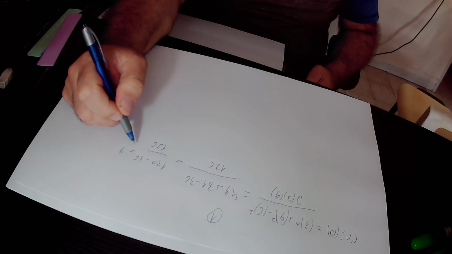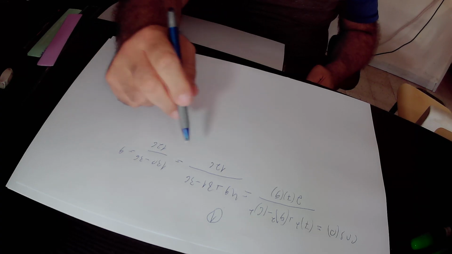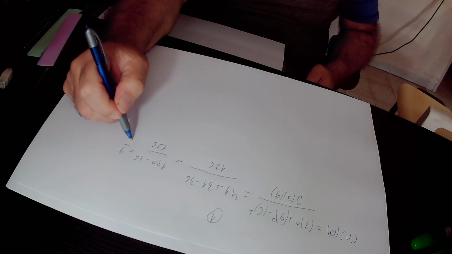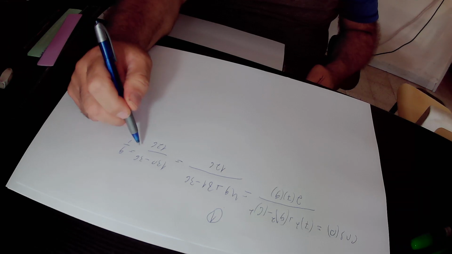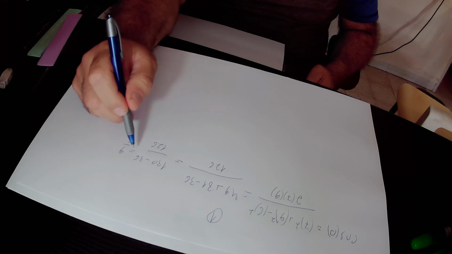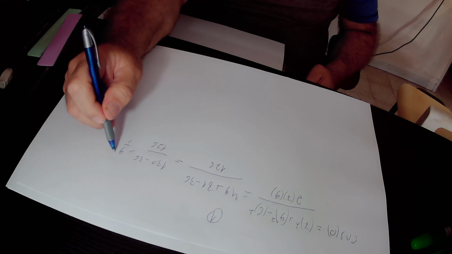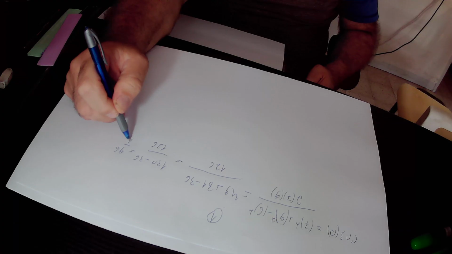So again, cosine theta equals 96 over 126.